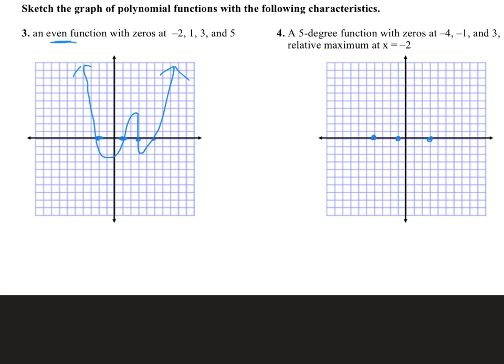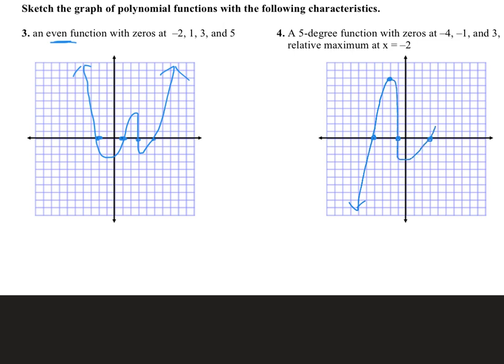So I'm going to go to x equals -2, and then I'm going to go up. All right, so I know this has to be a peak. So I'm going to start at that peak, and then I'm going to make sure that, well, if my left side is down, I need to make sure my right side is up because it's an odd degree.